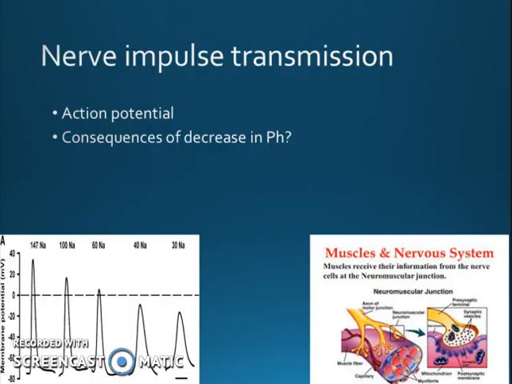The peak twitch tension, as it decreases the membrane potential, as shown in the graph above. So as it gets lower, the membrane potential gets lower and lower, and then eventually it will just plateau. The frequency of the impulses going to the muscle fibers is also affected.